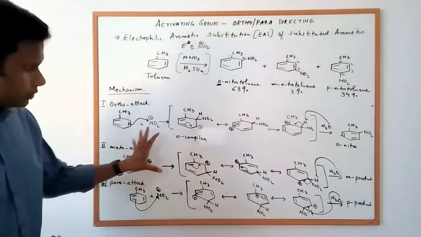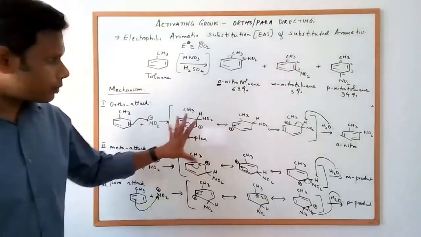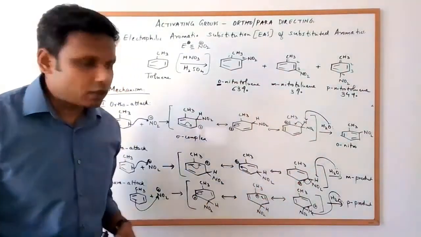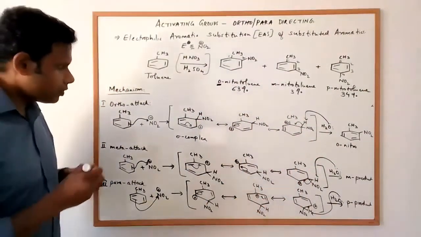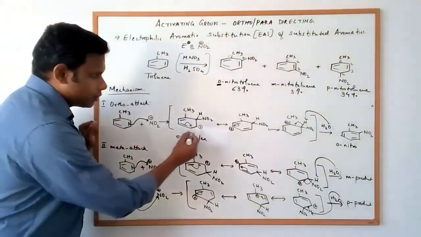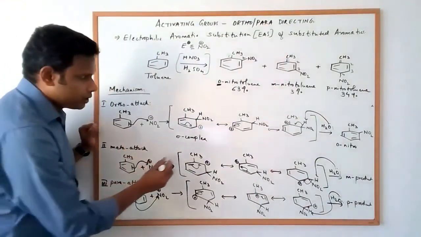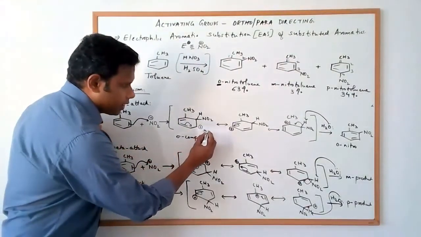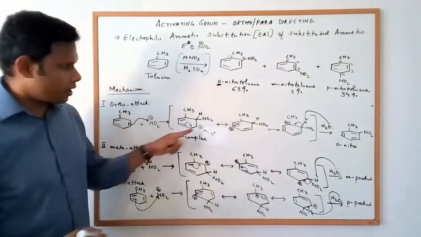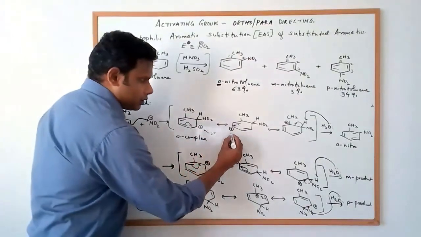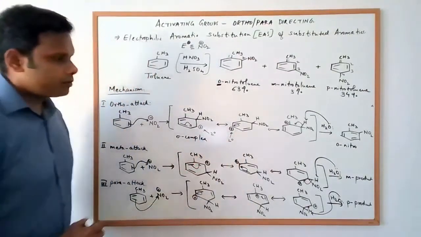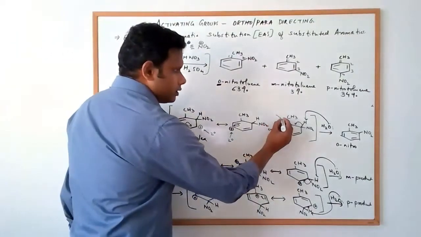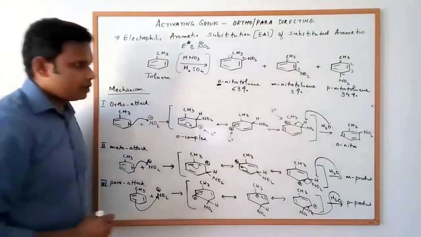So now if we closely examine all the resonance forms for these sigma complexes, what we see is that in the resonance forms for the ortho attack, our carbocation is on a secondary carbon, and then it is on a tertiary carbon.